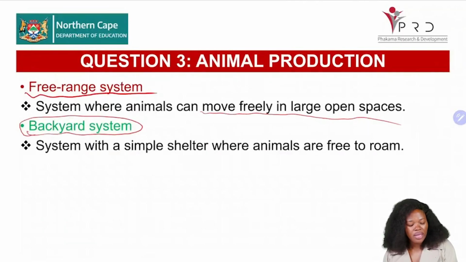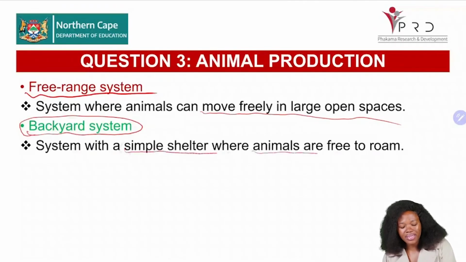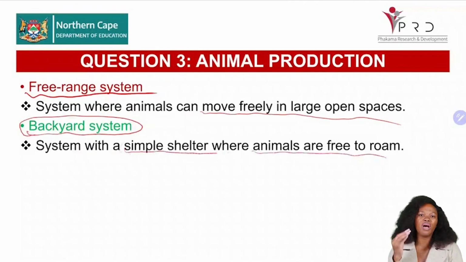Another example, the backyard, a system with a simple shelter where animals are allowed to roam freely. Now, be able to identify the backyard system and the free range.